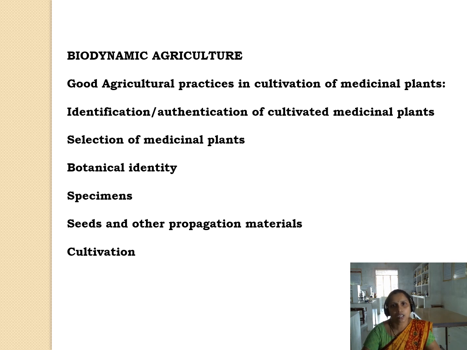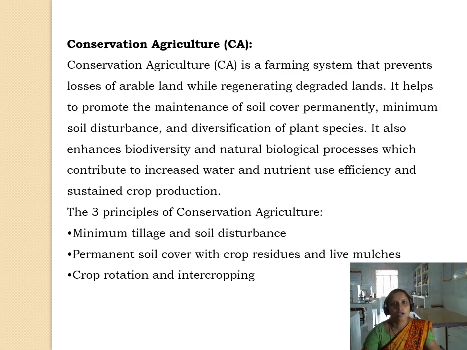Conservation agriculture techniques should be followed, especially in the buildup of organic matter and conservation of soil humidity. Conservation agriculture is a farming system that prevents losses of arable land while regenerating degraded lands. It helps to promote the maintenance of permanent soil cover, minimum soil disturbance and diversification of plant species.